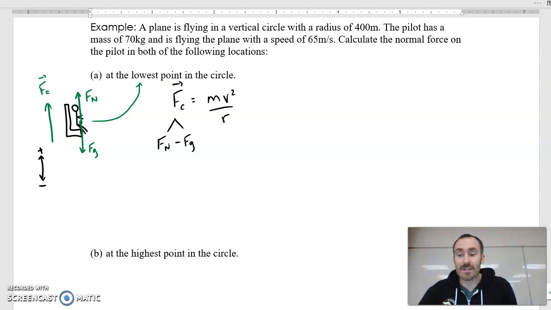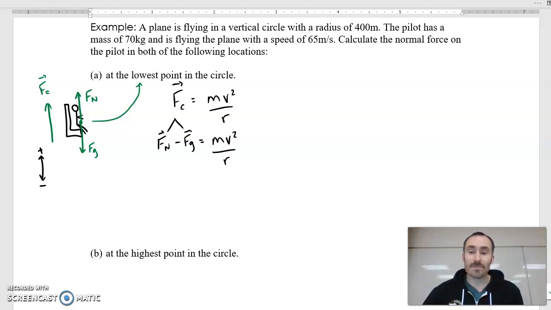So my normal force is upward, my force of gravity is downward, and that gives me mv squared over r. Now I want to account for all the numbers that I'm given in the question. I'm told the radius is 400 meters, the mass of the pilot is 70 kilograms, and the speed is 65 meters per second.